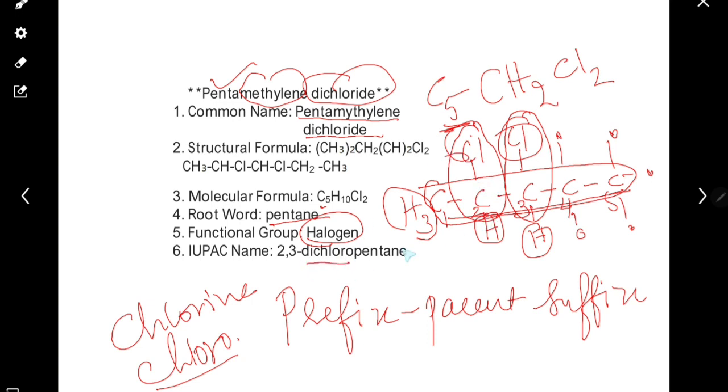What is the position given here? The rule is 2, 3. Whenever there are 2 positions given, you identify those positions by putting a comma between the 2 numbers. So 2, 3, then a hyphen, because between a number and a letter there is always a hyphen, then comes dichloro, and then comes pentane. I hope this is very clear.